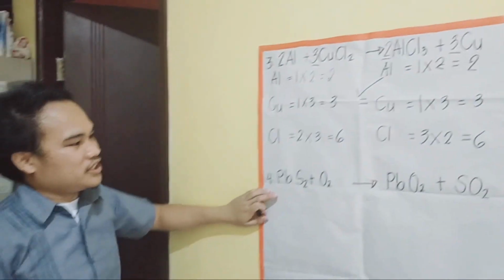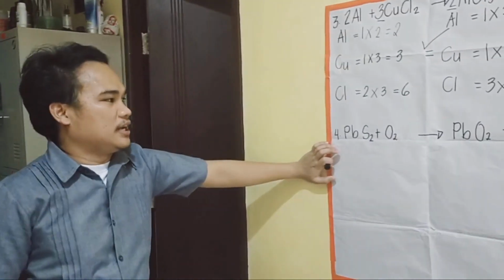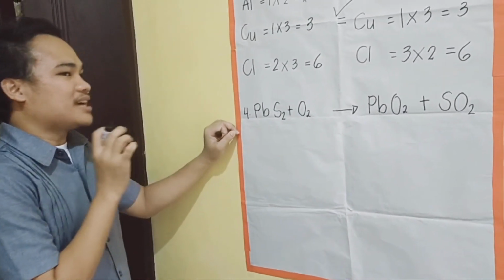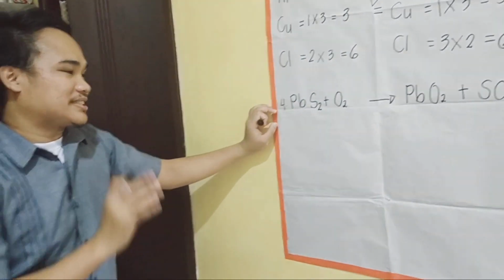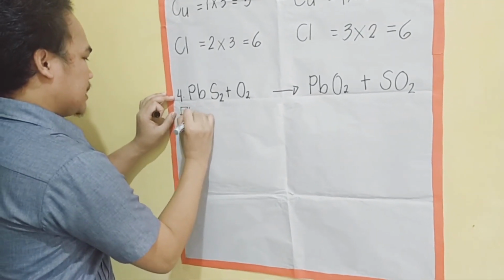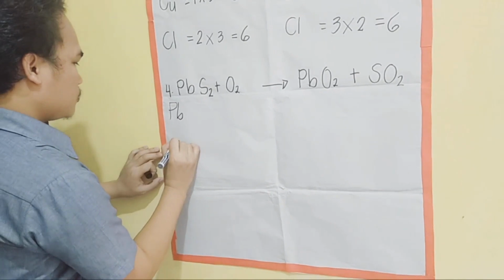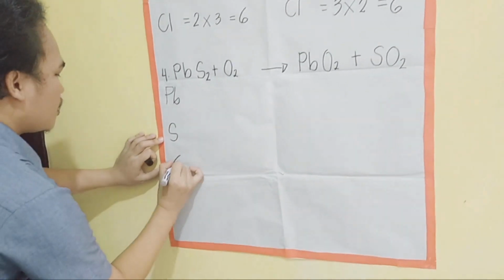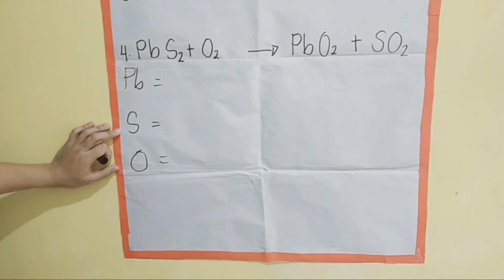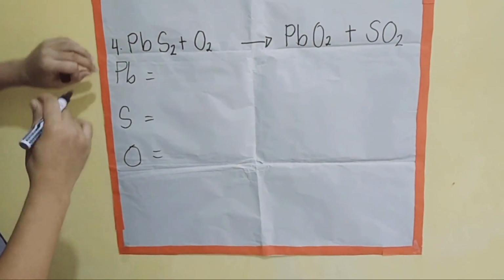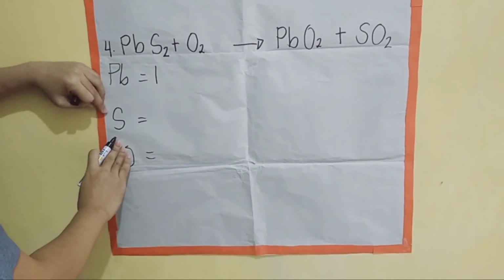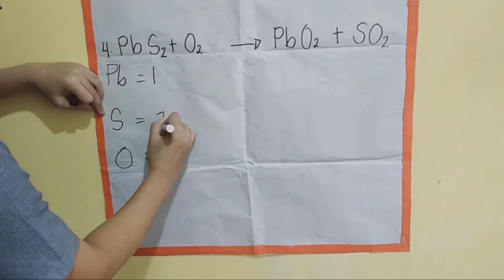So let's proceed to number 4. Step 1 counts all atoms at both sides. So we have Pb or lead, sulfur, and oxygen. How many atoms do we have in lead? 1. How about sulfur? We have 2.